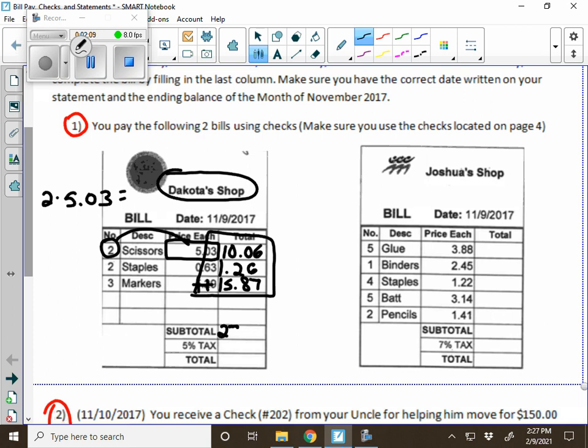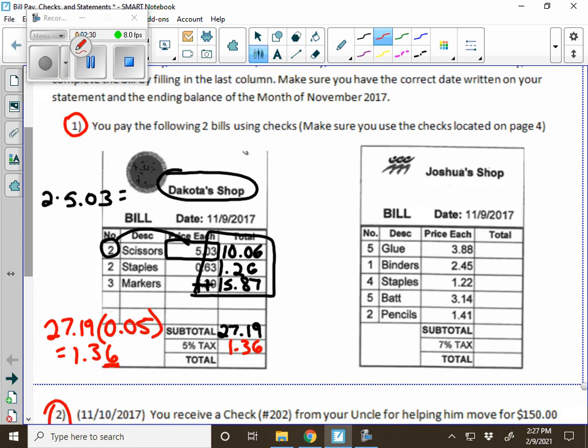I will get $27.19. Now to figure out the tax, I have to take the $27.19 times my tax rate, which in this case is 5%. I will get 1.36. Now, if we get a decimal answer, you're going to have to round to the nearest cent.